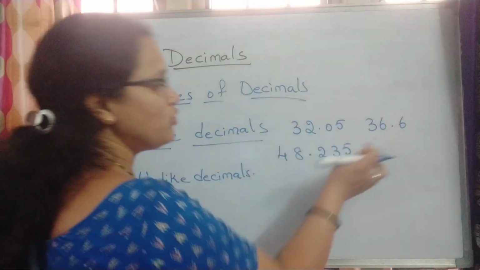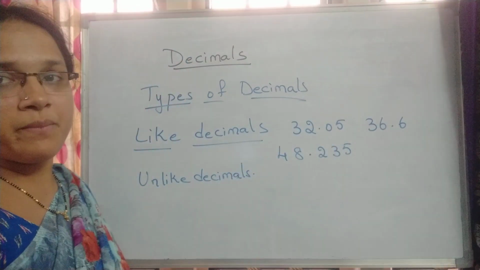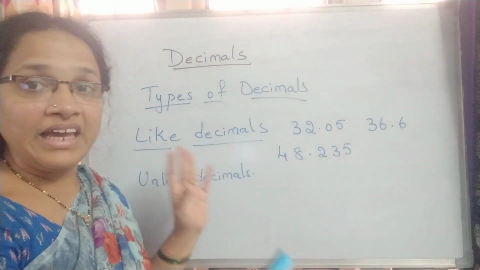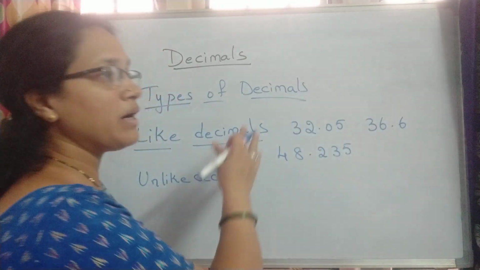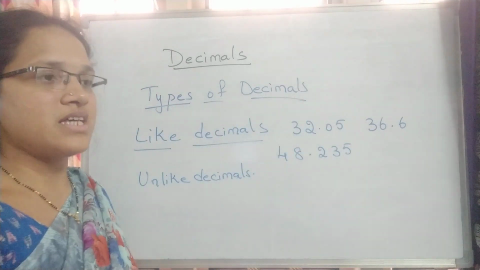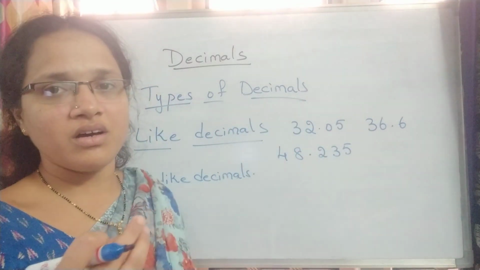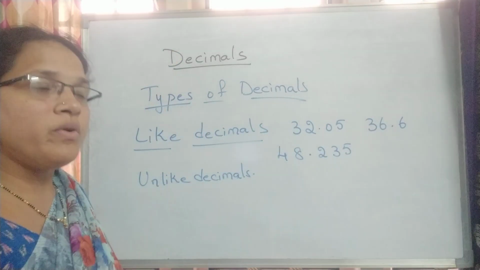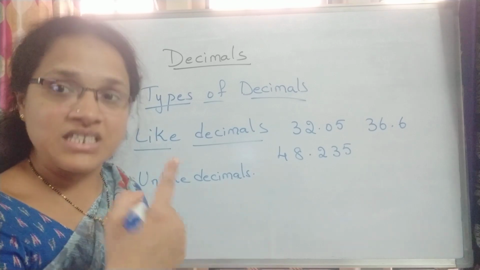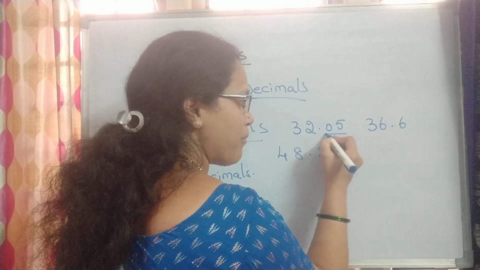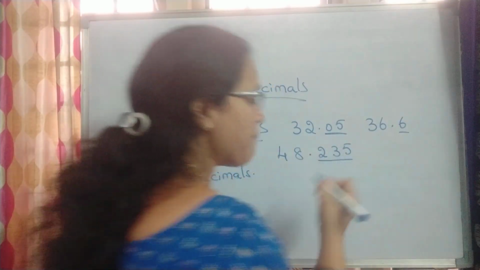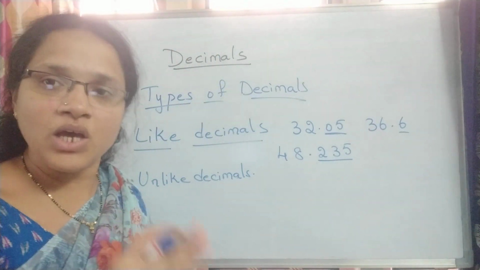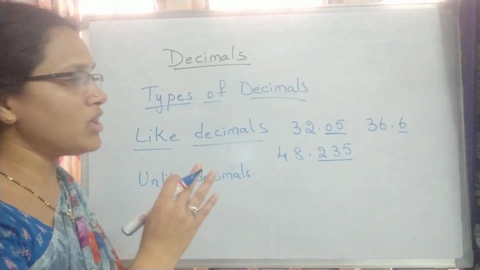Now, I have given you 3 decimal numbers here. Do you know what is regarding like decimals? How do we compare these like decimals? Yes, there is a small thing hidden here. If the number of digits after the decimal point is equal in both, then we call them like decimals.